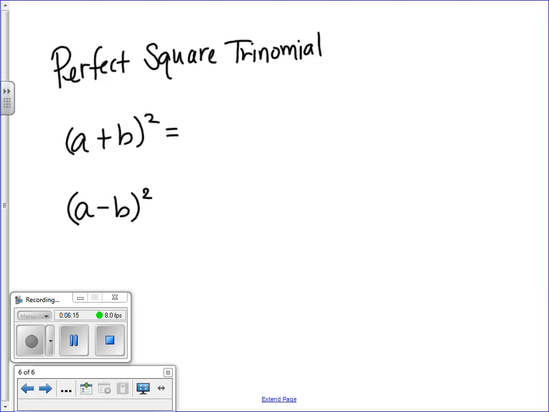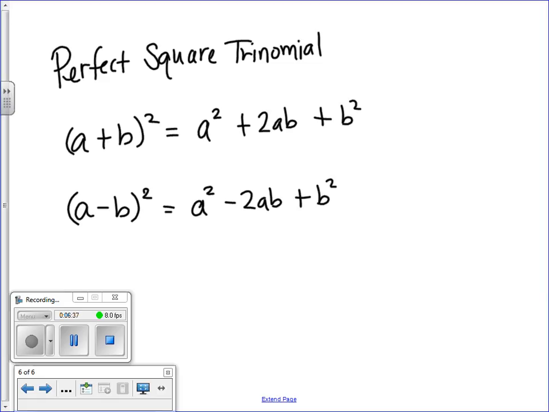You don't distribute that exponent through there, okay? When you boil that out, you get a squared plus 2ab plus b squared. This one, you get a squared minus 2ab plus b squared.